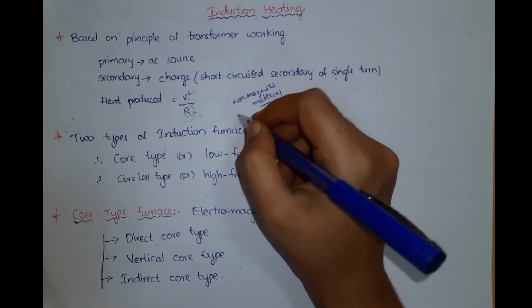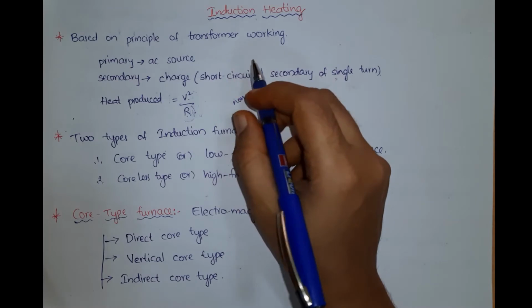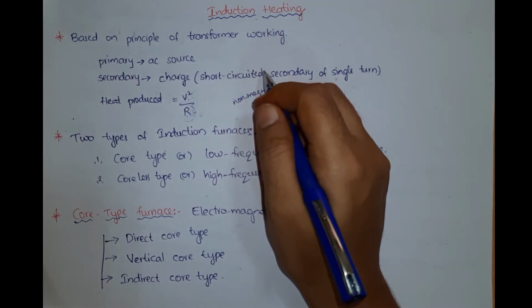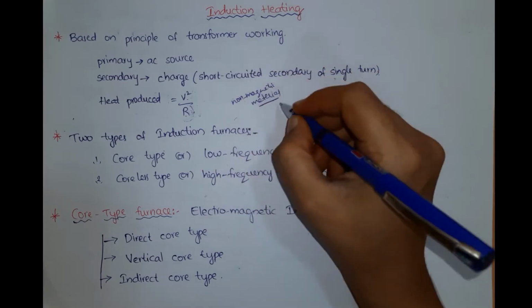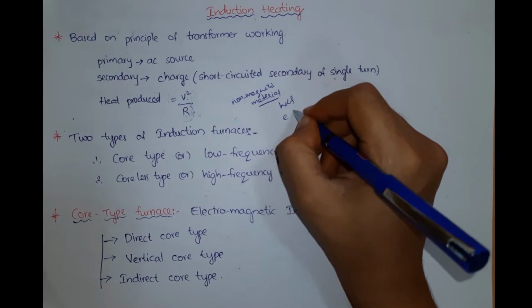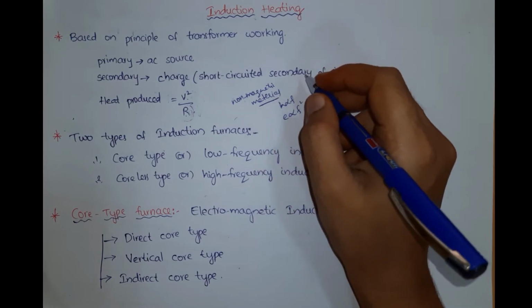But if you see a magnetic material, there come into existence both eddy current losses as well as hysteresis losses, right? The hysteresis losses are proportional to the frequency, whereas eddy current losses will be proportional to what? Frequency square, right?